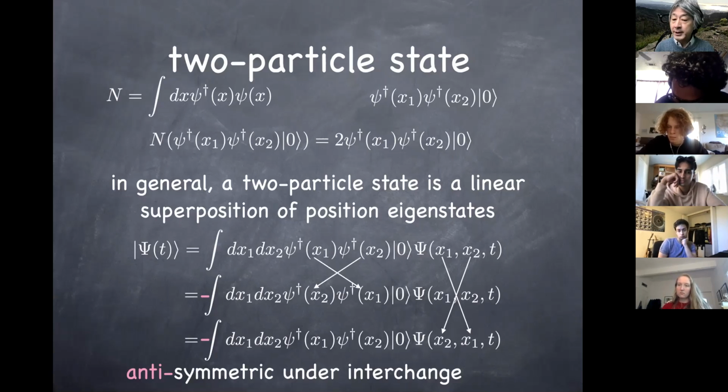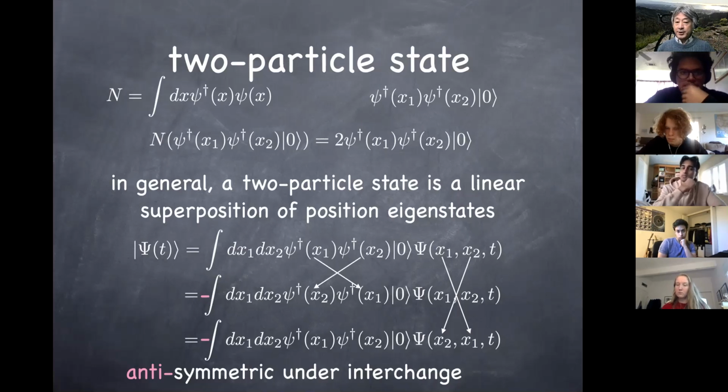And that anti-commuting nature leads to the multi-particle quantum mechanics of identical fermions, where the wave function is antisymmetric under interchange of any pairs of the arguments of the wave function. So that's the idea of dealing with fermions in quantum field theory.